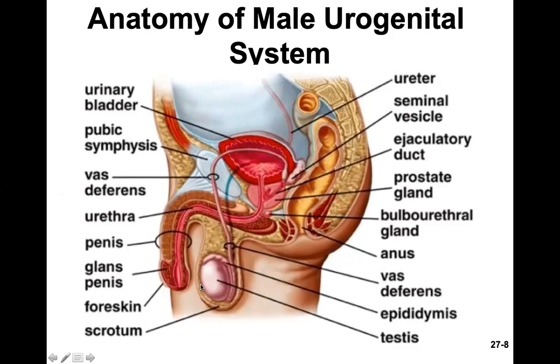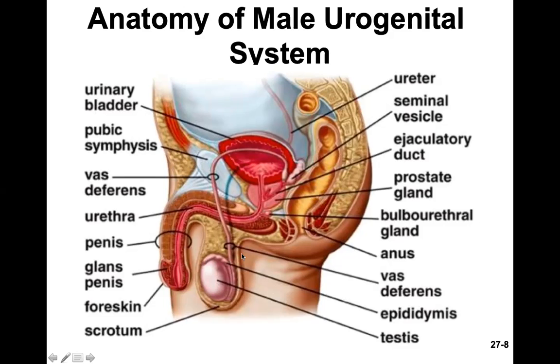You have the scrotum, which is the skin that houses the testes. The testes are basically where the sperm is created. You have the epididymis, which is the beginning of the tube that the sperm will use to exit the testes as they mature and when they're ready to be ejaculated.